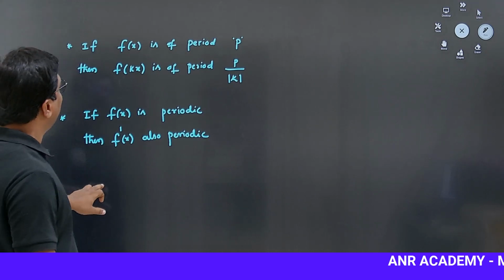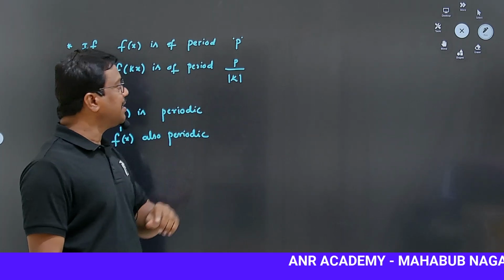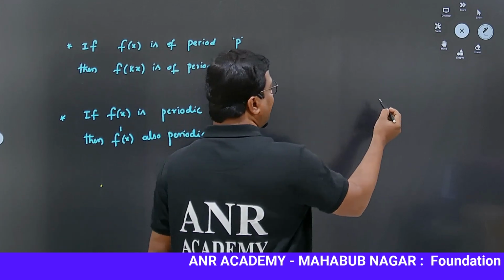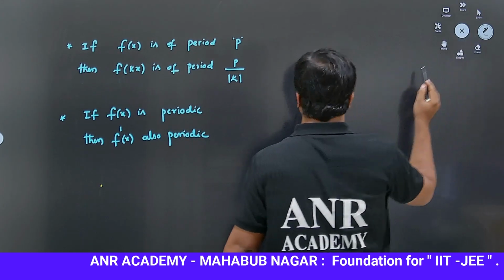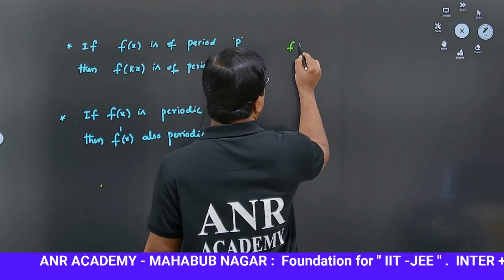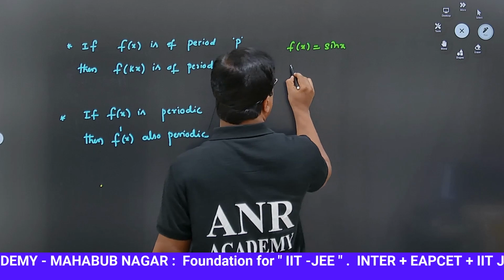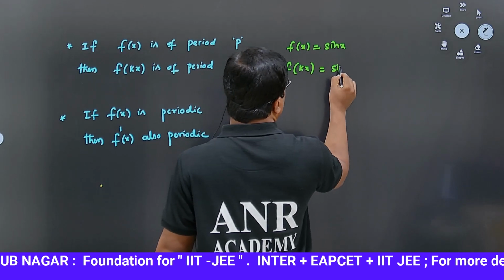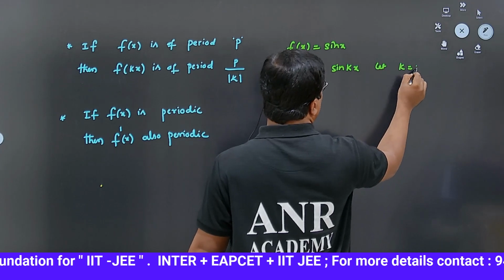Next you have, if f of x is of period p, then f of kx is of period p by modulus k. Let us see an example. I am going to select sin 2x. Suppose f of x is sin x, then f of kx is sin kx. Let us suppose the value of k equals 2.